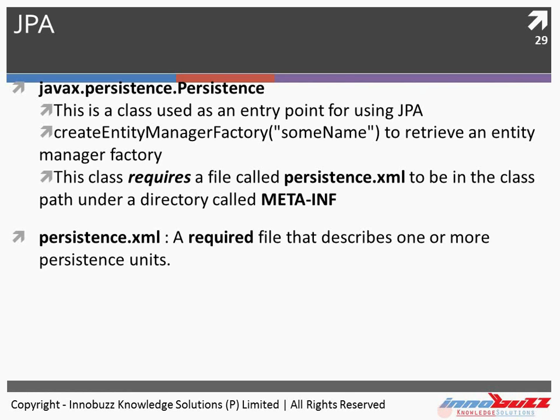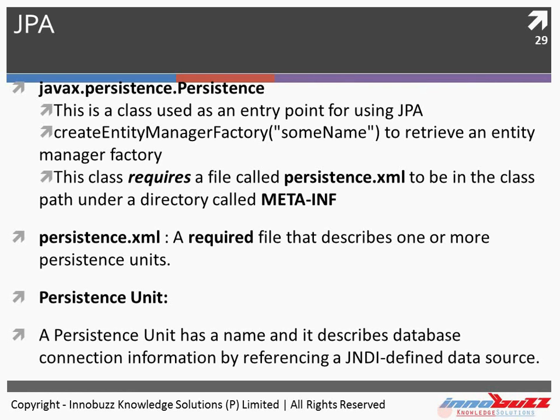It is a required file that describes one or more persistence units. What is a persistence unit? As the name describes, it holds the database connection information by referencing a JNDI defined data source.